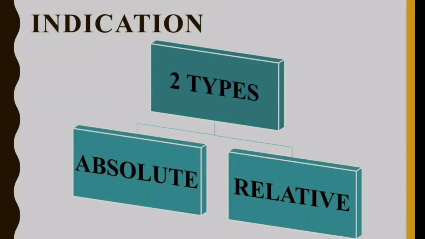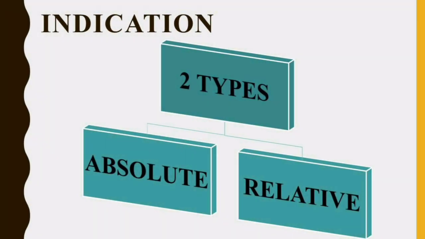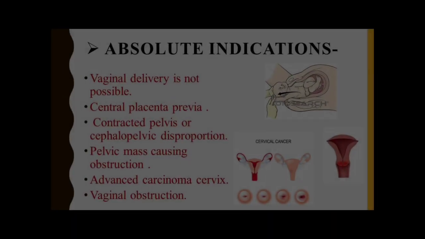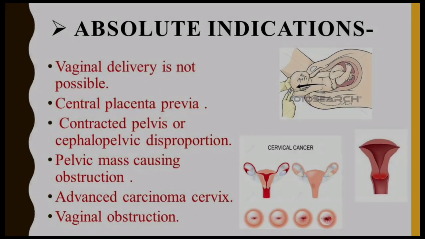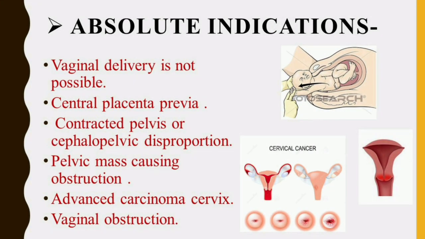Indications: there are two types of indications, one is absolute and the second is relative. Some absolute indications are when vaginal delivery is not possible. If there is any reason due to some complications, there may be chances that vaginal delivery might not be possible, so one has to go through caesarean section. Next, central placenta previa.